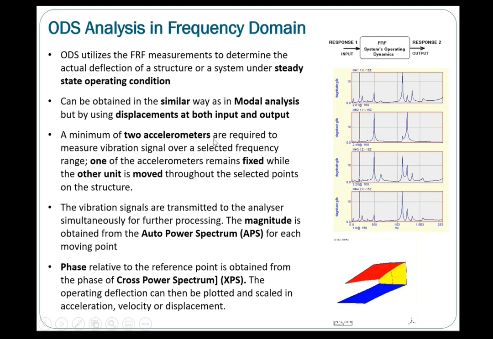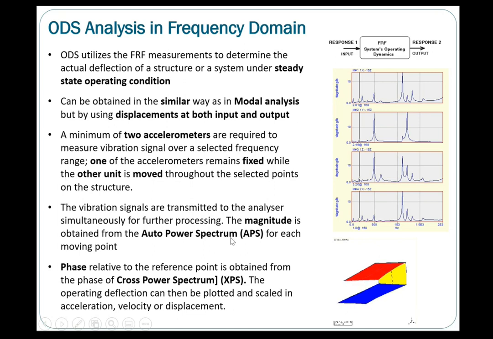So you need two accelerometers, one fixed and one moving. The fixed one is the reference, while the moving accelerometer gets the amplitude of the vibration as well as the relative phase with reference to the fixed accelerometer.